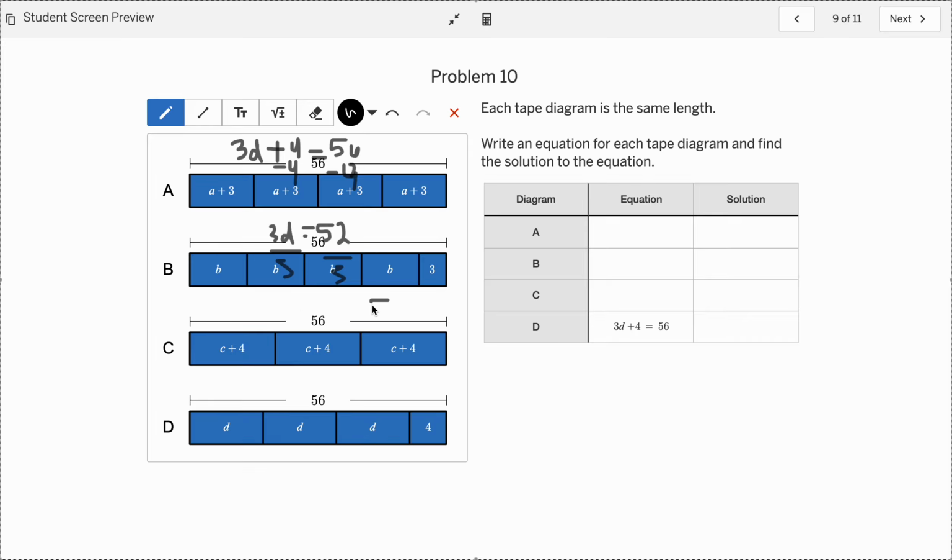So 52 divided by 3 is, 3 goes into 5 one time. That is 12. That goes into it 4 times. So then it's 14. So then the answer for D is 14. And I would just say 14 there.